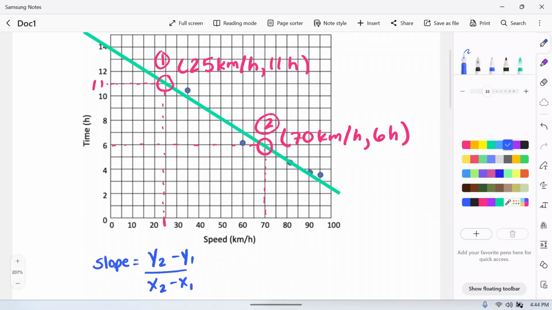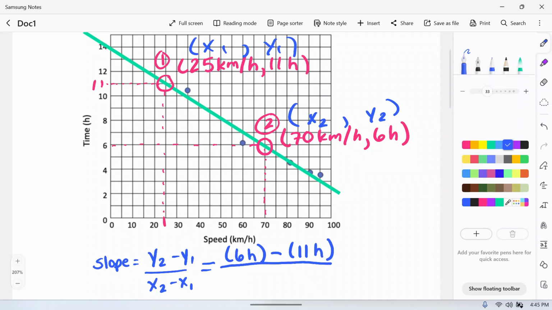And then I'm going to choose point 2 is x2 comma y2. This is x1 comma y1. So I need to plug in and show my numbers plugged in with the units. So y2 is 6 hours. So 6 hours in parentheses, and then I'm going to subtract y1, which is 11 hours.